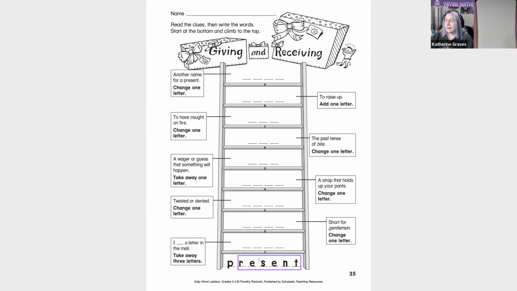Then we also have the word sent. We do not have the word press because we don't have 2 S's. Either of these 2 words look like something you can do to a letter in the mail?